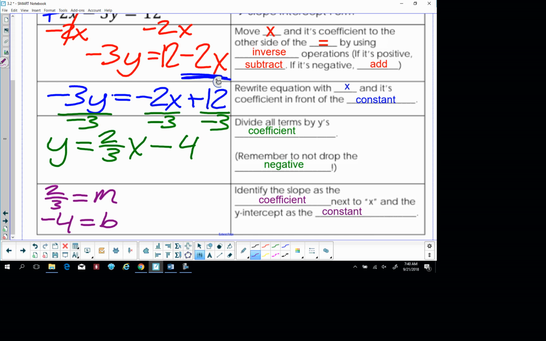So I wrote it this way because what's my slope intercept form? It's going to be y equals mx plus b, right? So I know that this m is my slope and this b is my y-intercept.